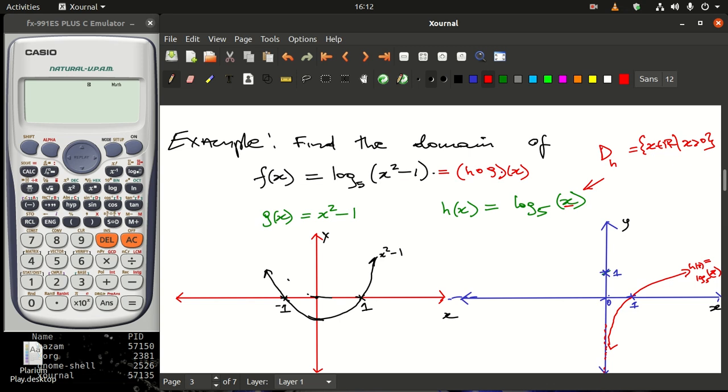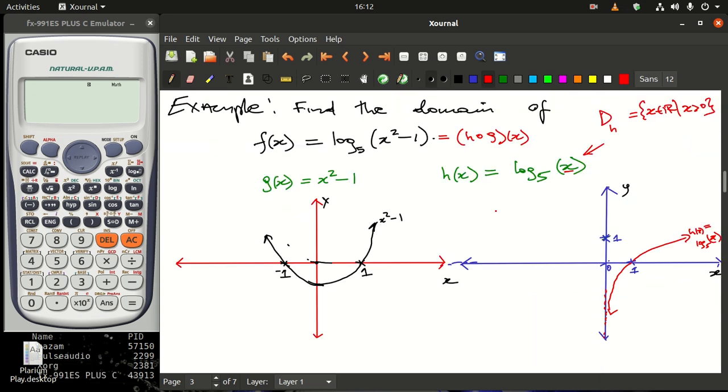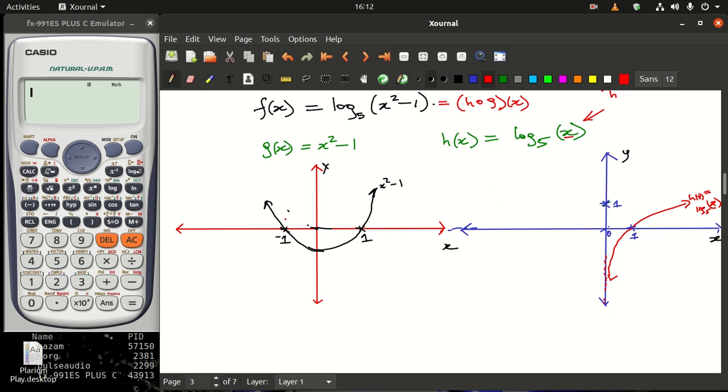Now, how do I find the domain of that function then? You come here. Remember that the output of this function is the one that becomes the input for that function to get that, which is the same as that. So how do you end up finding the domain? You go back to this function and say, I want the values of x, because I want to plug in some x, such that those values are bigger than 0.